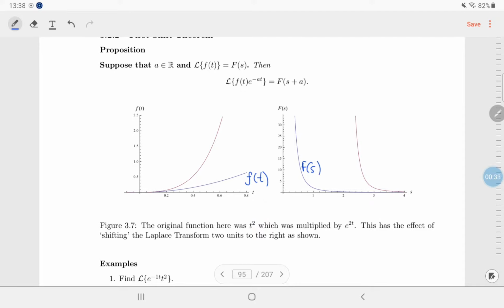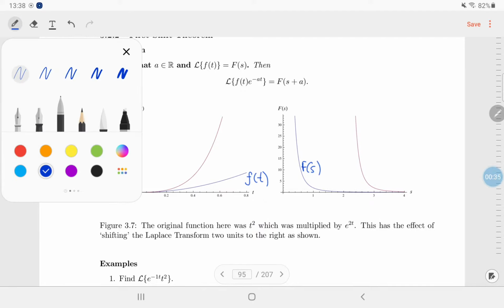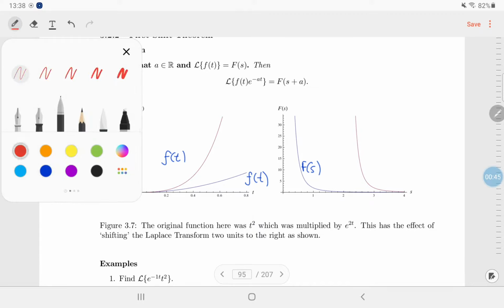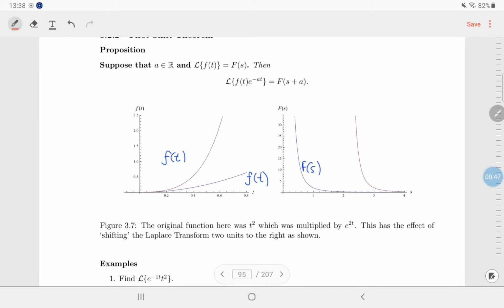Okay. Now what we can do is we can take f of t, so this is going to be the red thing, and multiply it by what we're going to call an exponential shift. Now this particular exponential shift is e to the 2t. And what this is going to do is have the effect of shifting the graph over.